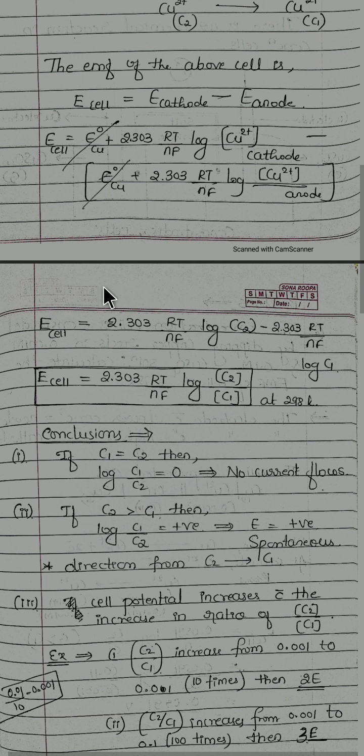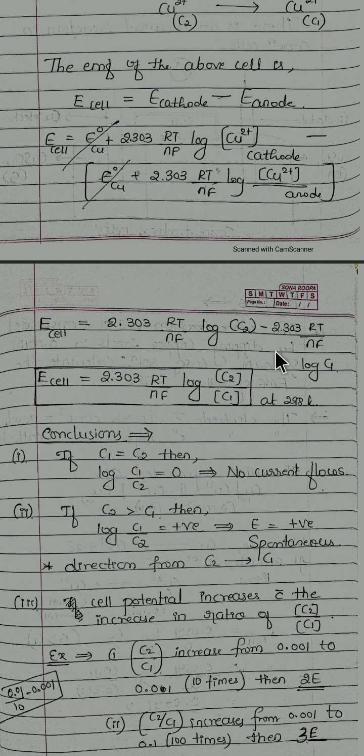This looks like log A minus log B. Before that, you can simplify by taking 2.303 RT divided by NF common. Now you are left with log C2 minus log C1, which looks like log A minus log B.